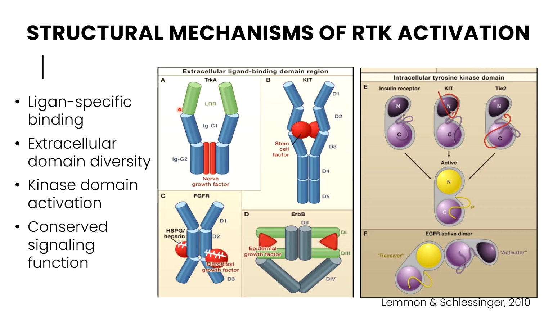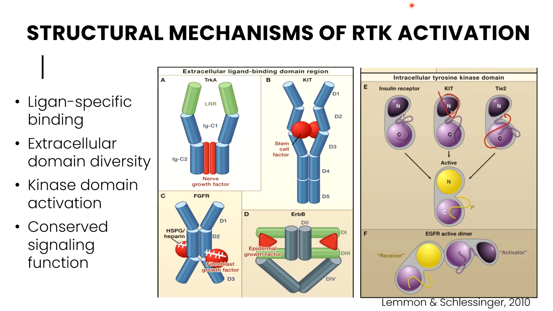I want you to take a look at panel A as an example. This shows the TRK-A receptor binding to nerve growth factor. Panel B illustrates the KIT receptor interacting with stem cell factor. Panel C has the fibroblast growth factor receptor, FGFR, binding to the fibroblast growth factor down here.